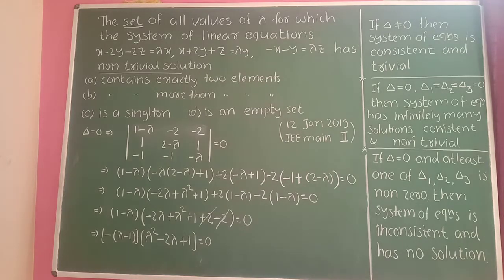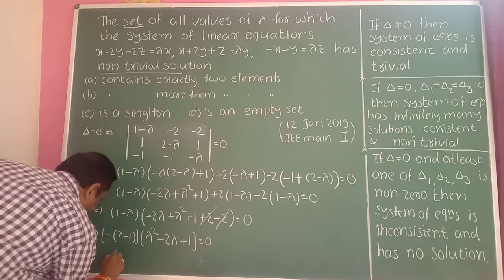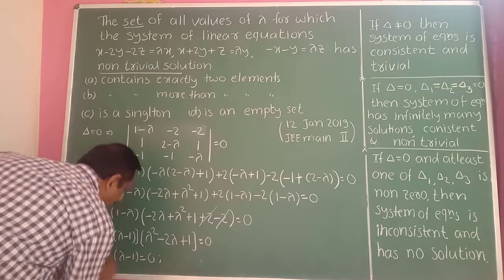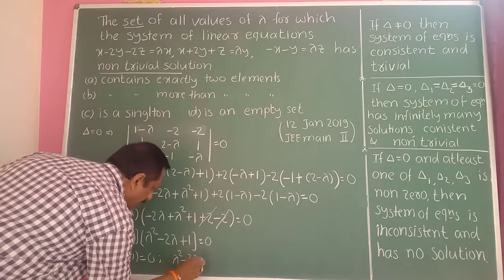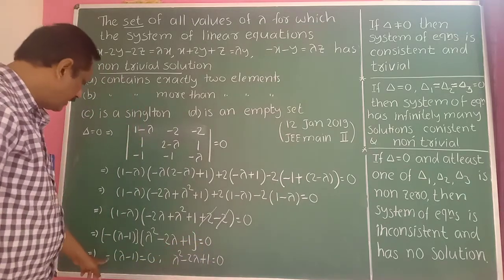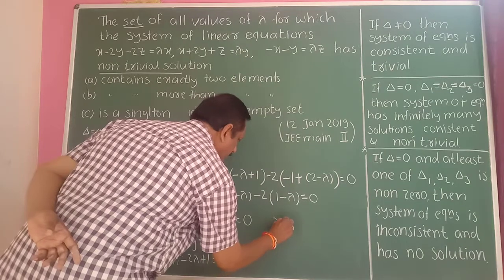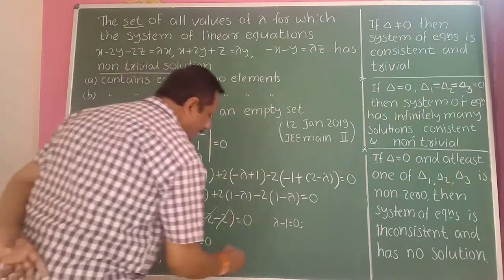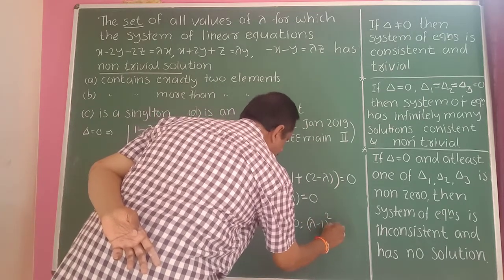This implies minus of lambda minus 1 is equal to 0, and lambda square minus 2 lambda plus 1 equal to 0. Taking the minus to the right side, lambda minus 1 equal to 0. And lambda square minus 2 lambda plus 1 is lambda minus 1 whole square equal to 0.